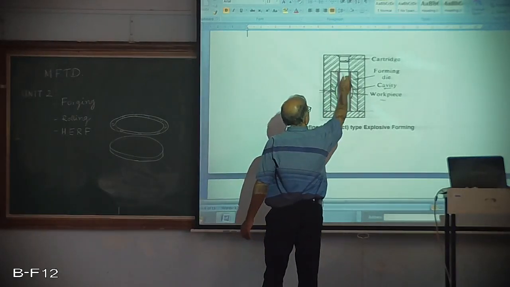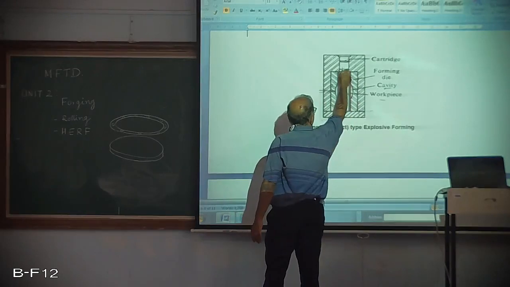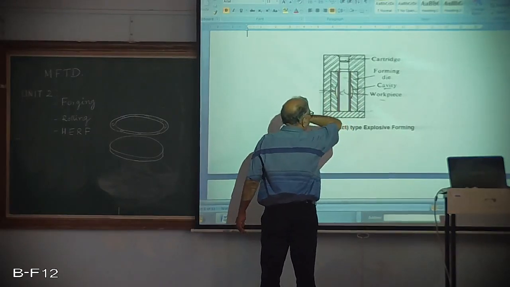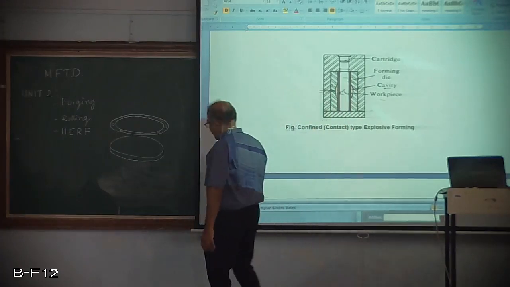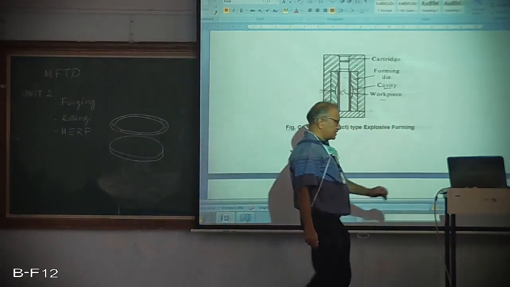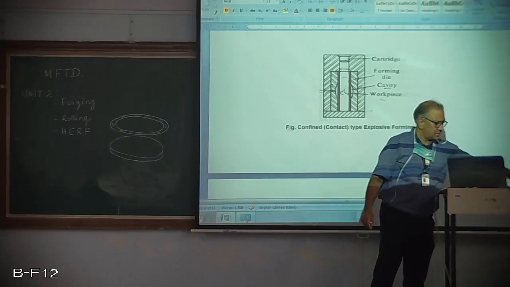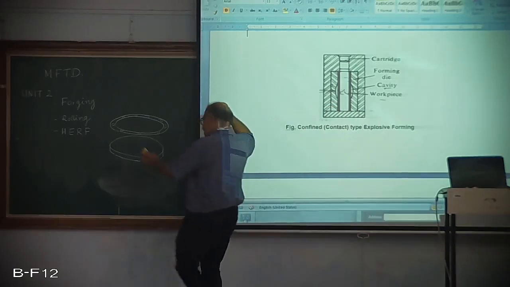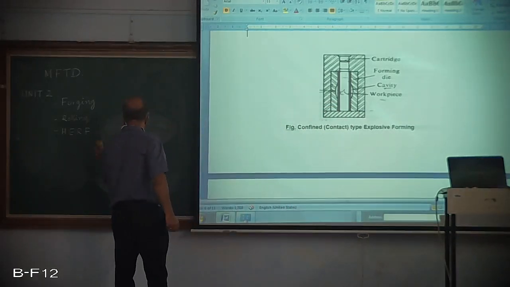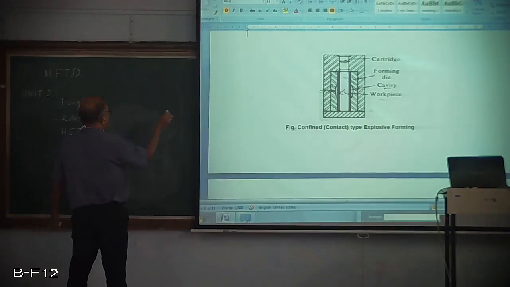And this is the opening, the hollow opening, and this is the tube. The black is the tube. If I sketch the tube, let me just sketch it for a minute. The workpiece could be like this.